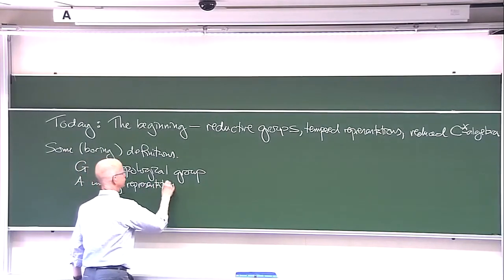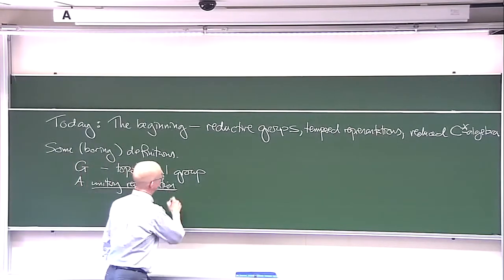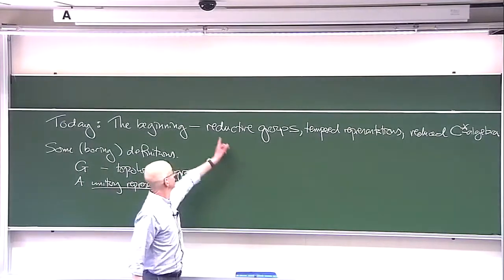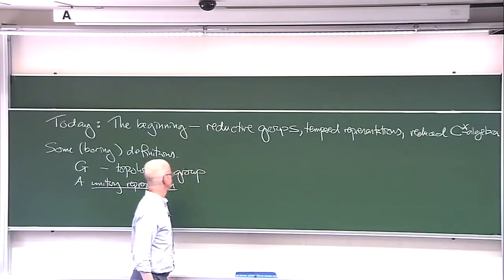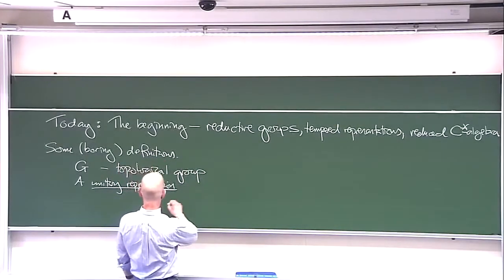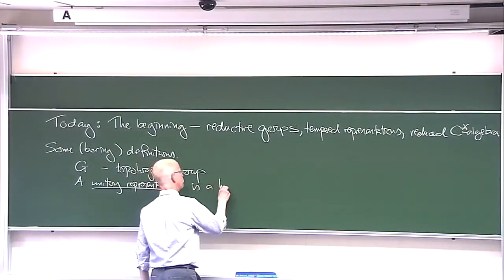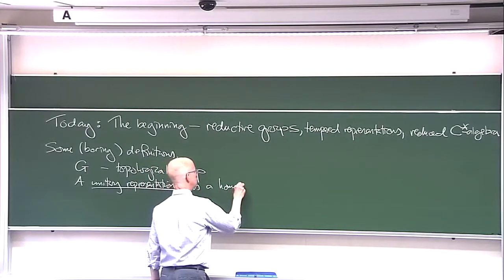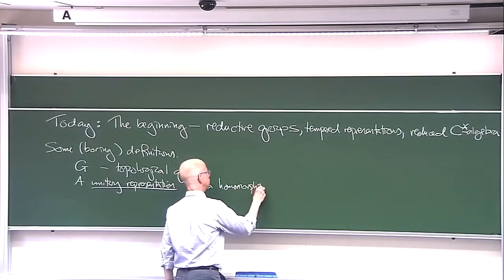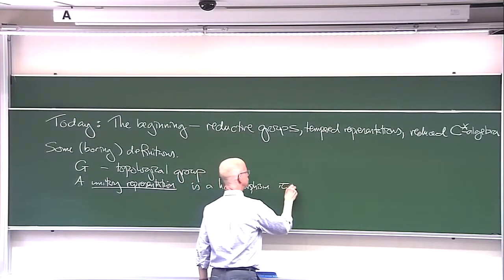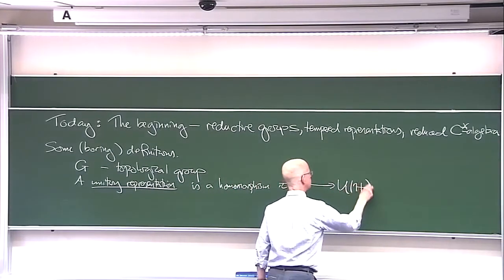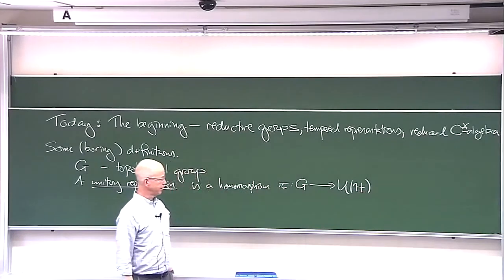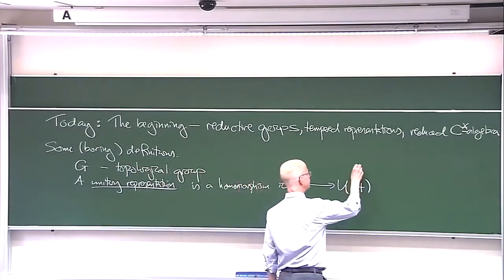I want to study unitary representations of G. These tempered representations are examples of unitary representations. It's just a homomorphism of groups, as you know, from G into the group of unitary operators on a Hilbert space.